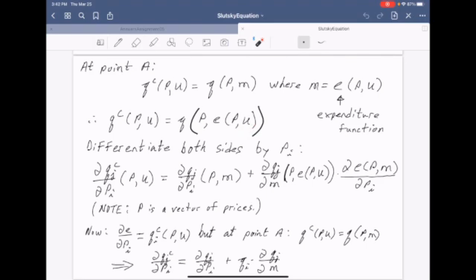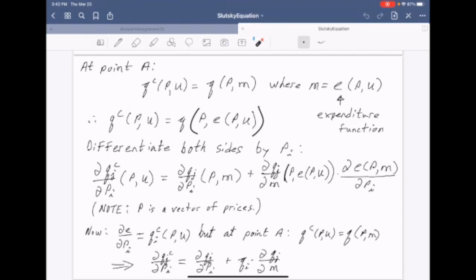So we're going to differentiate both sides, the compensated and the ordinary demand functions, for good J. And we're going to differentiate with respect to Pi. We could do it also with respect to Pj, and we'll get that solution to you in a diagram at the bottom.